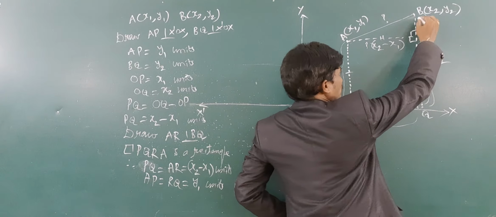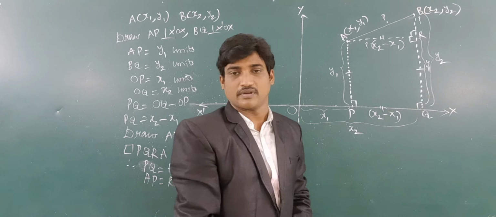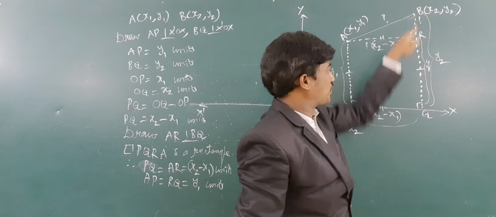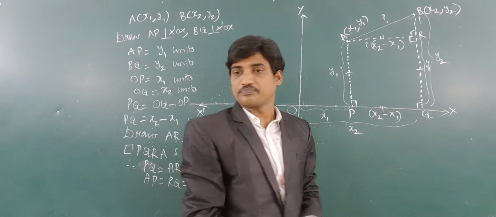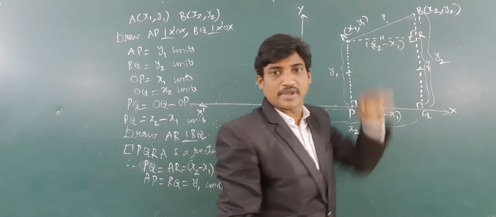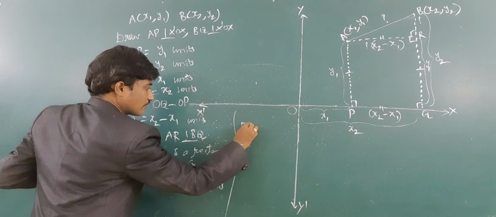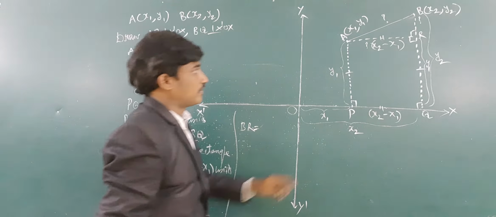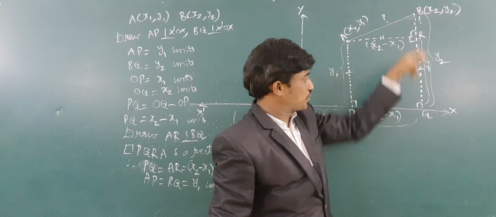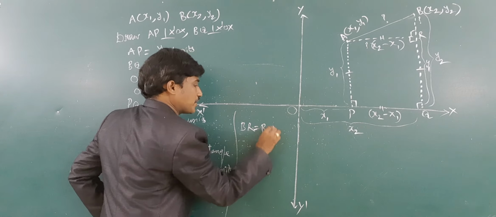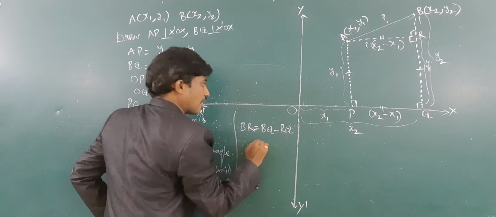What can you say about BR? BR is very clear. BR is BQ minus RQ.